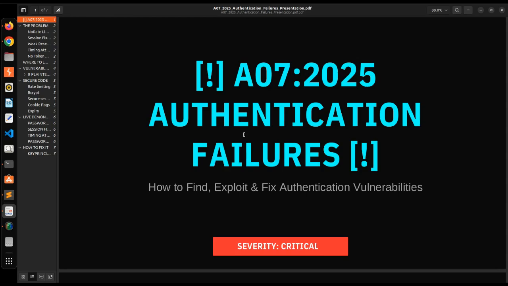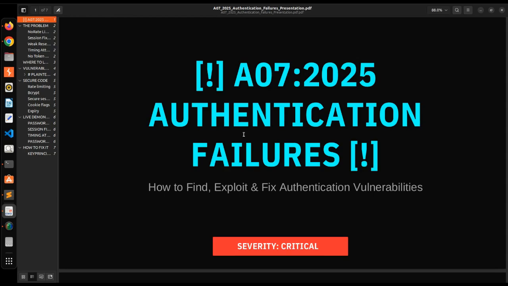The thing that changed from 2021 to 2025 is that it became way more modern. In 2021 the major focus was on traditional authentication problems such as weak passwords, session management issues, and MFA bypass.